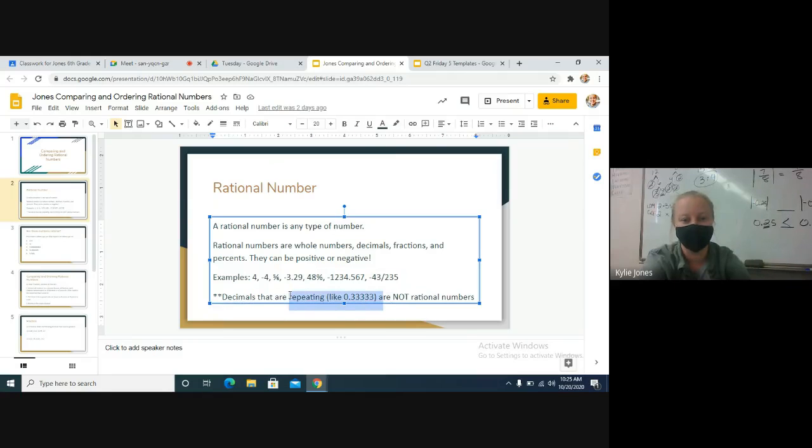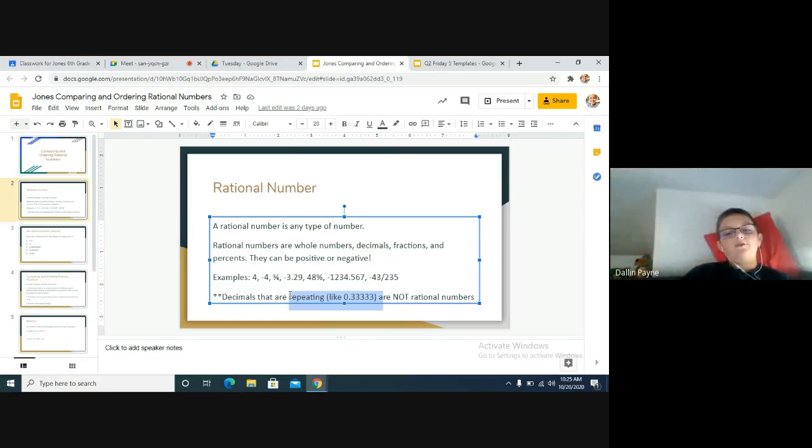So if it's something like 0.33333 or 0.55555, it's not a rational number. So essentially it's any decimal, negative number, positive, whole number, fraction. As long as it's not a repeating decimal, it's a rational number. There's some exceptions, but for the most part, that's what we're working with.